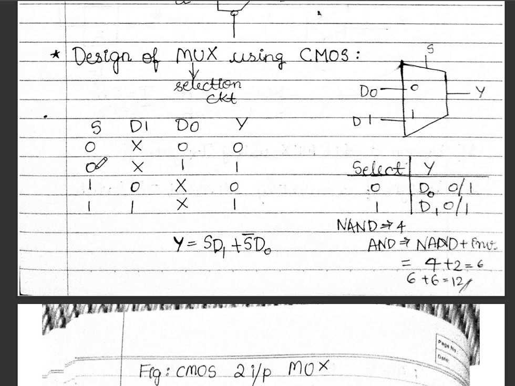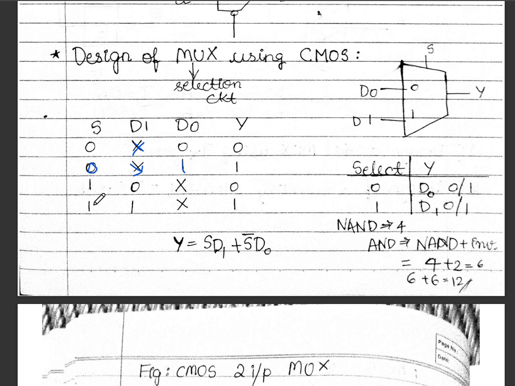So when the select line is 0, and there is no input at D1 and D0 is 0, we'll get output at Y as 0. And when input at the select line is 0 and D1 is in high impedance state or no input, then D0 is 1, so hence the output will be Y is equal to 1.